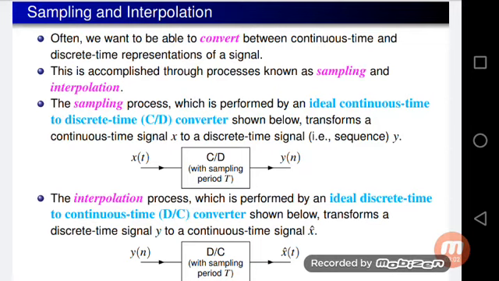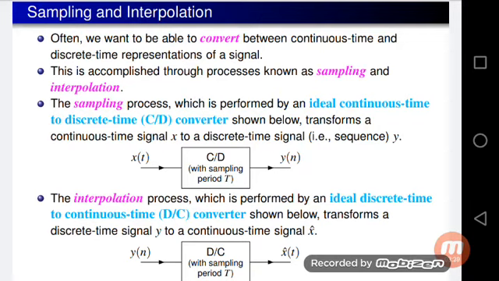And we are observing the first point. Often we want to be able to convert between the continuous sine signal and the discrete sine signal representation of a signal. I am also explaining the same.